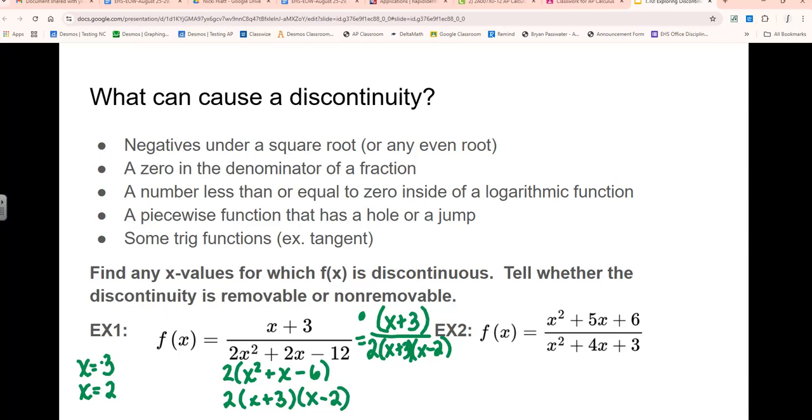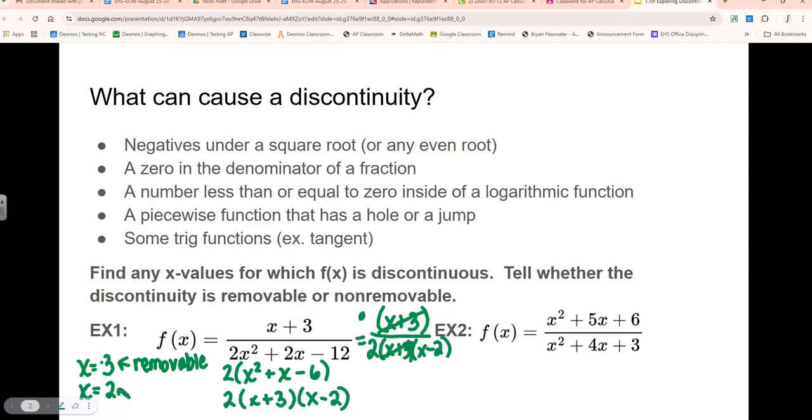I need to know what type of discontinuity here. So x plus 3 will cancel top and bottom. So the one that cancels, what do we get at that point? It's a hole in the graph. So at negative 3, I have a hole, or I'm going to call it a removable discontinuity, since that's what my directions are telling me to do.